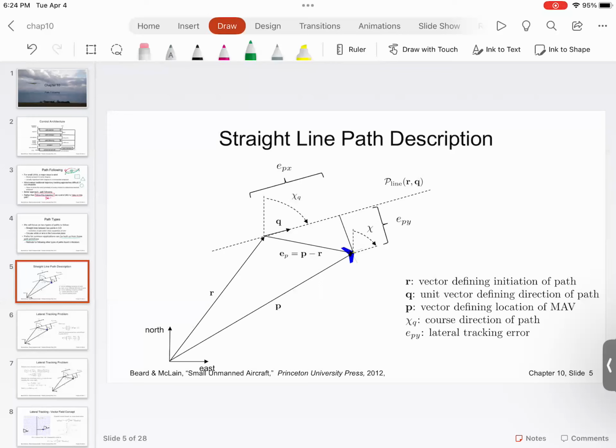So don't let this math scare you. But I still want to discuss it, because if some of you really want to get into path planning, robotic path planning is a huge area of research. For example, driverless cars. How do you plan a path for driverless cars? How do you do obstacle avoidance?